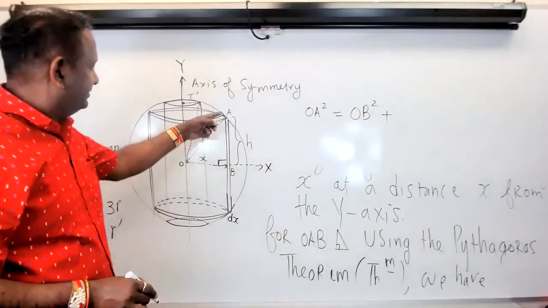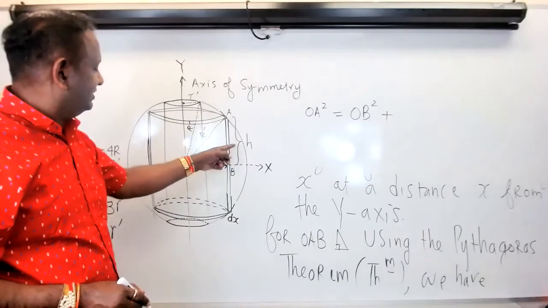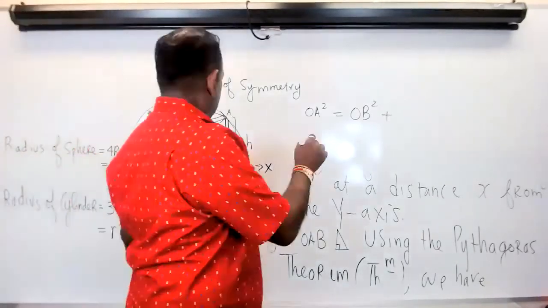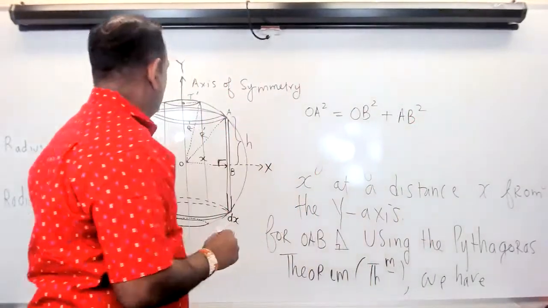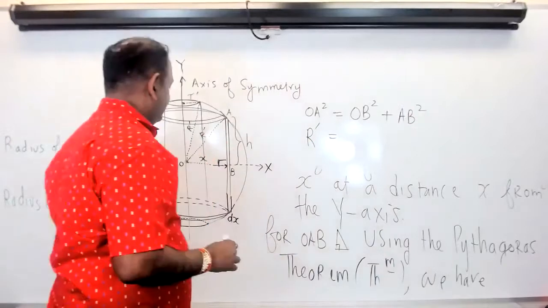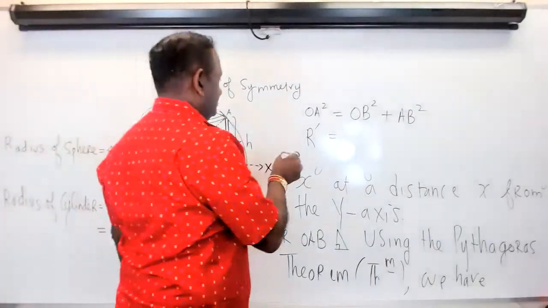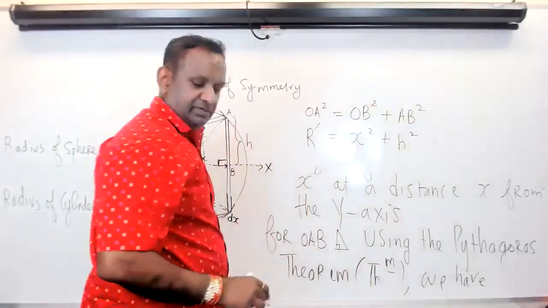I'm talking about this triangle. This square is equivalent to the sum of the squares of these two. OA squared is R prime squared, and OB squared is x squared.